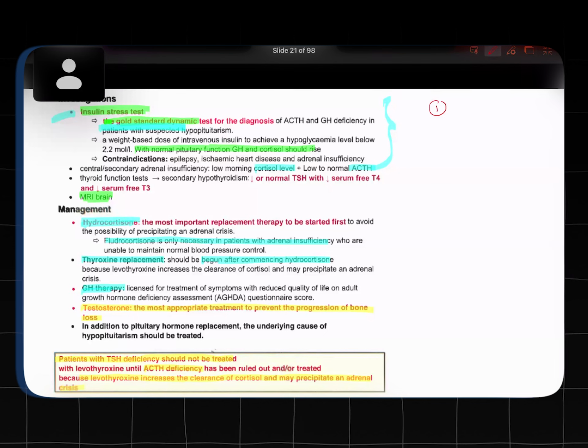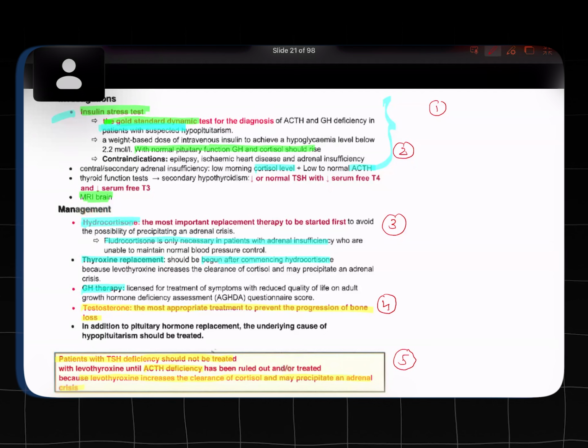The second question is what is the finding of the insulin stress test. The third is which is the first line drug. The fourth question is whether you should replace testosterone or not. The fifth question is TSH deficiency: what is the next step? ACTH levels. Why? Because otherwise there will be an adrenal crisis. So these are the 5 MCQs that I have discussed from this, and these have come repeatedly.